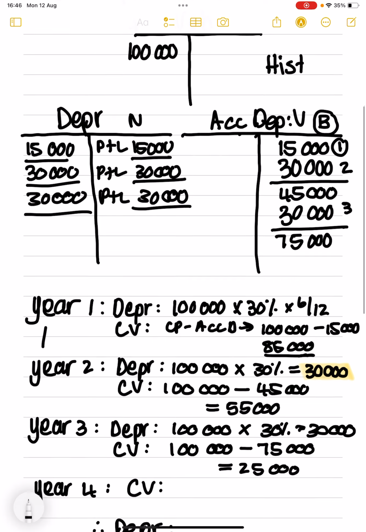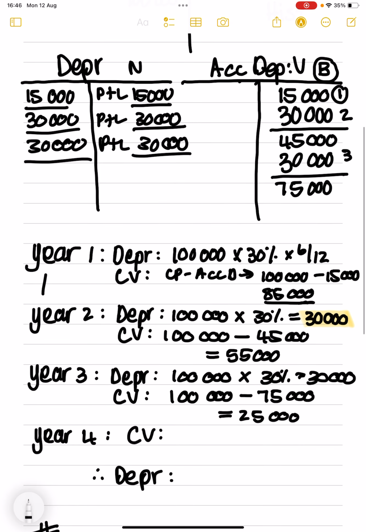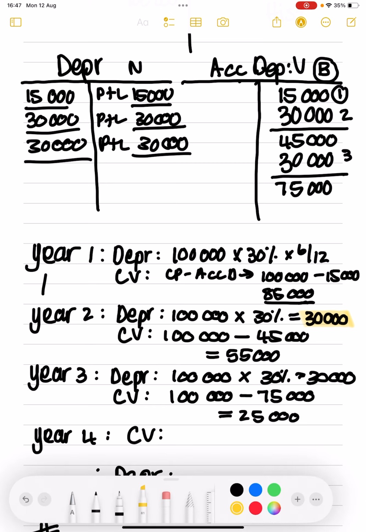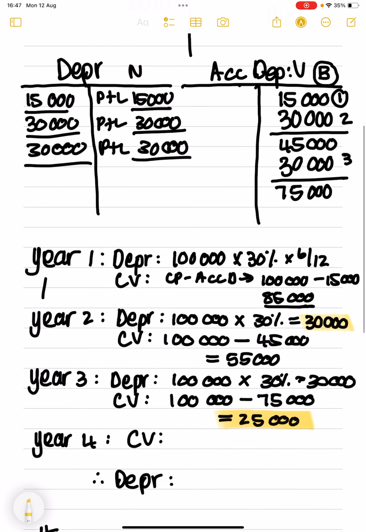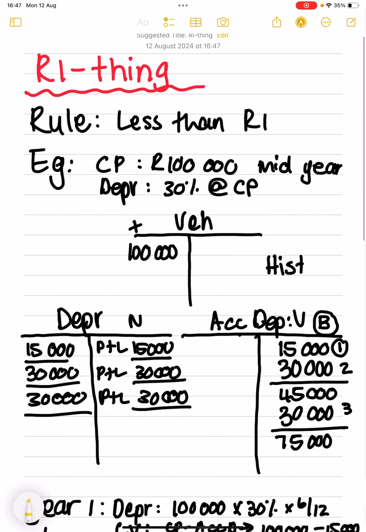So if I want to continue to calculate my depreciation in year 4, let's first start with what my carrying value is. The carrying value is only 25,000 Rand. My rule says that no vehicle can ever be worth less than 1 Rand.